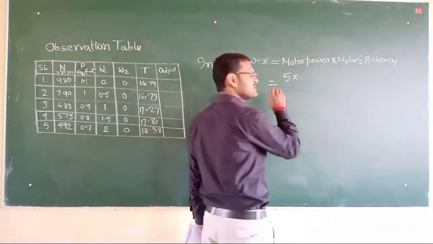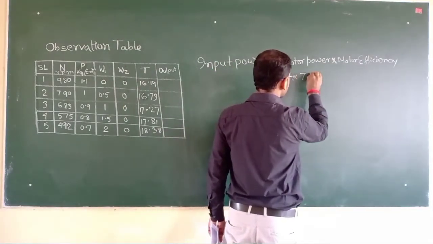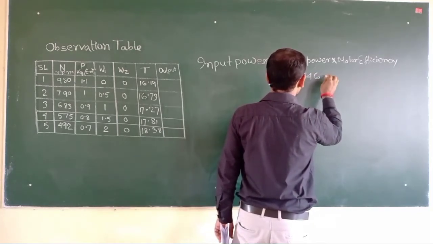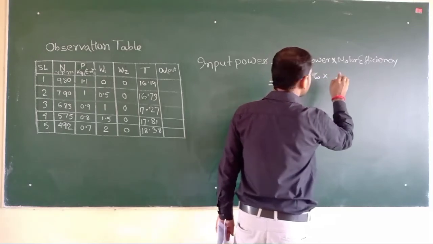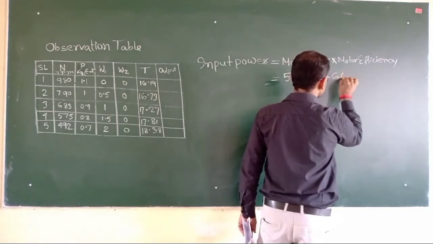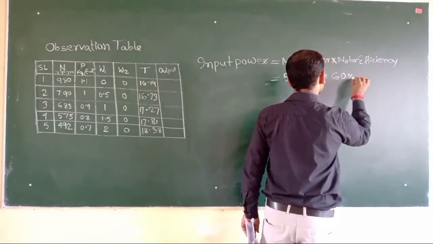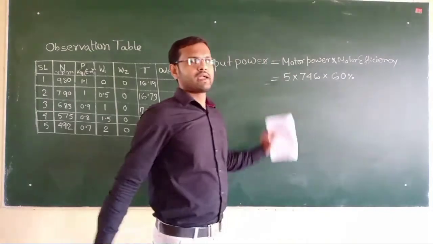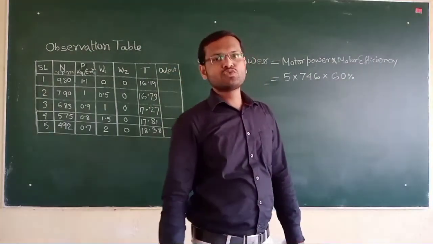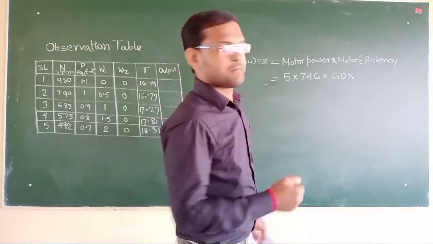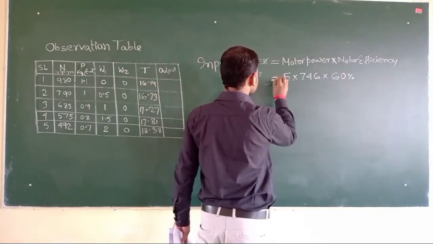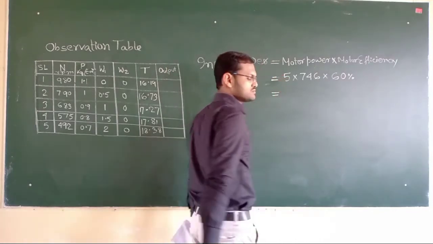So multiply with 5 into 746, into efficiency of motor is 60%. Now we calculate easily the value of input power of turbine.